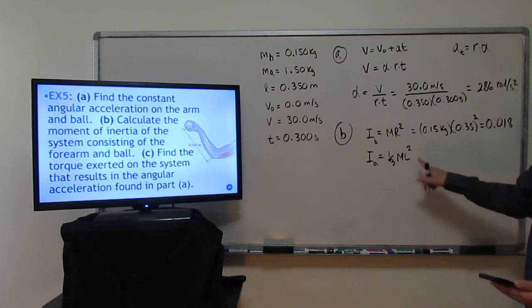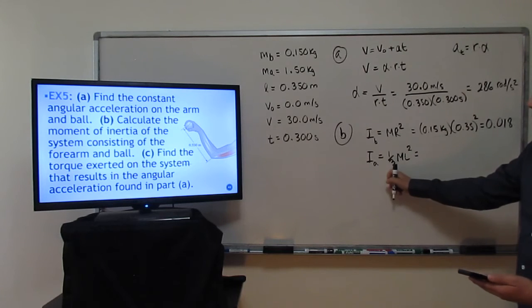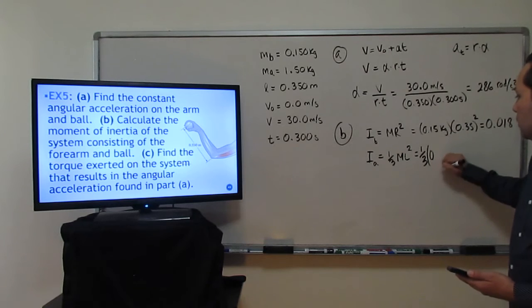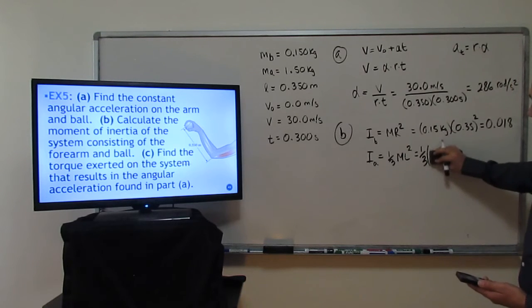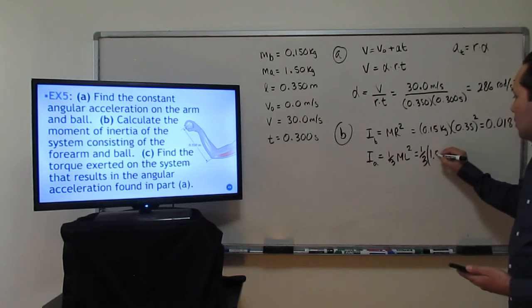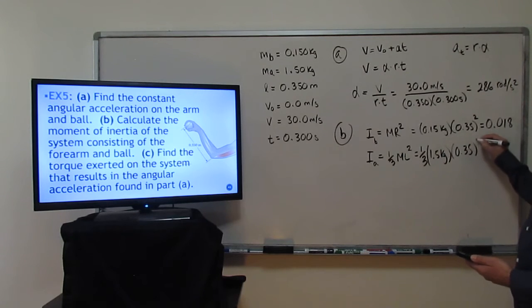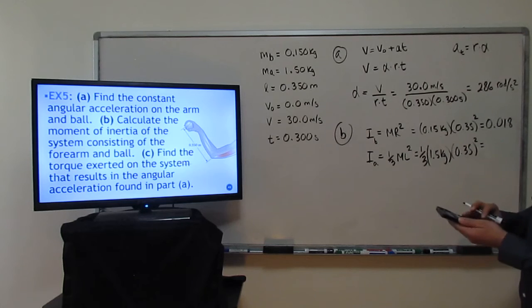0.018. And for the forearm it's going to be 1/3 times its mass, which is 1.5 kilograms, multiplied times the same distance, 0.35 squared. So it's going to be 0.35 squared multiplied times 1.5 divided by 3.